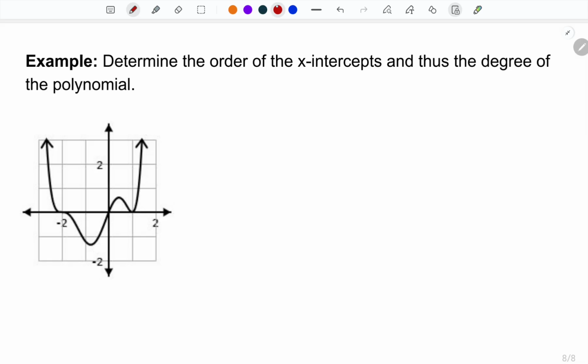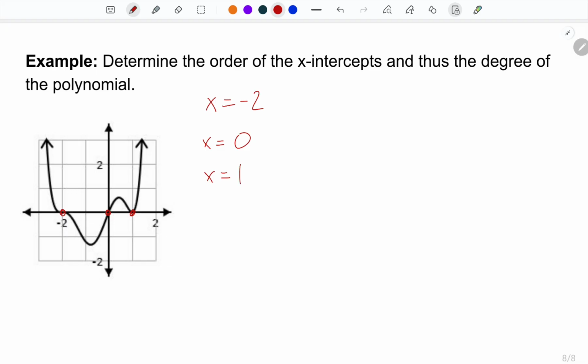I was using minimums and maximums, but now with a little more familiarity, we're going to come back to this. Okay. So let's go through the different x-intercepts. So we have an x-intercept at -2, an x-intercept at 0, and an x-intercept at 1.